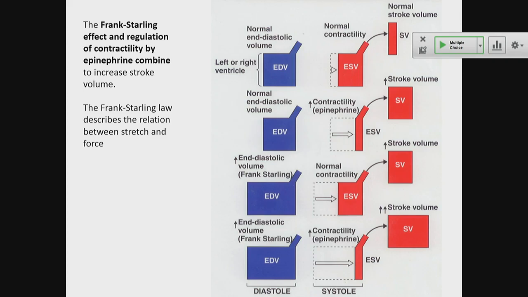Let's just go through an example. If you pump 70 milliliters at a heart rate of 60 beats per minute, you have a flow of 4,200 milliliters per minute, if I calculate this correctly, okay? Makes sense?